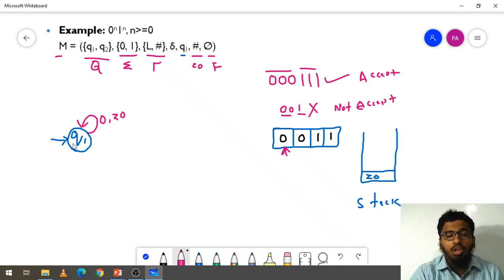As I told you, whenever we have a 0, what we need to do? We need to add in the stack. So first of all we need to remove this Z0, then we need to add.